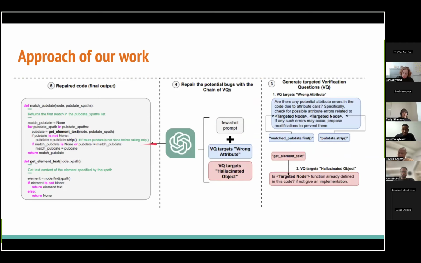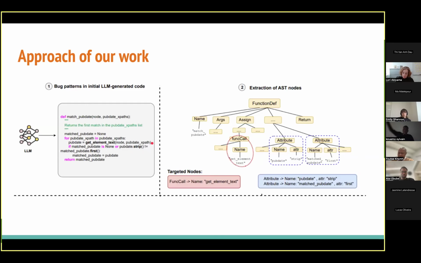This is one case of an attribute node. And then we have the function call node, which is get element text. We can apply this process to different types of nodes. So we extract these different nodes that can be root causes of hallucinations.